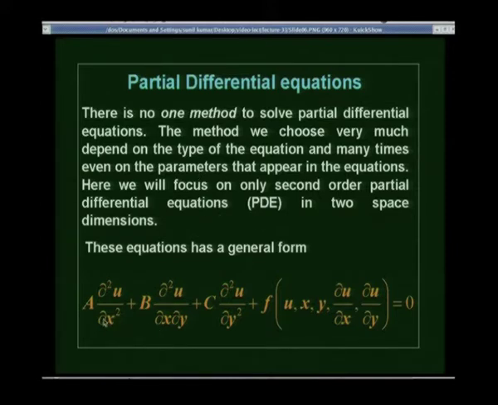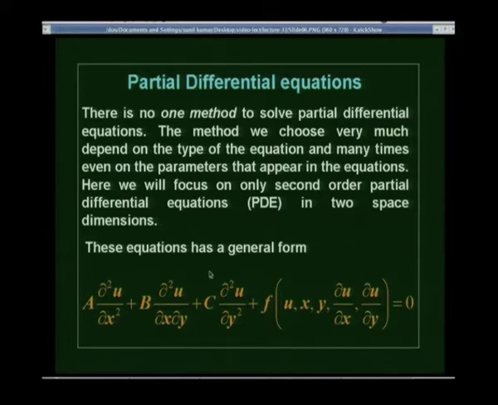So let's write the general partial differential equation in this form, with constant coefficients a, b and c, and we have a differential equation of this form plus some function of u, x, y, the derivative of u with respect to x, the derivative of u with respect to y, etc. Remember that this can be any such function.